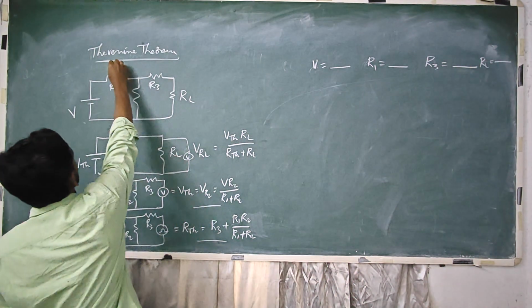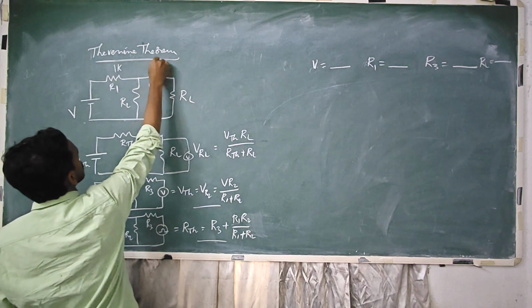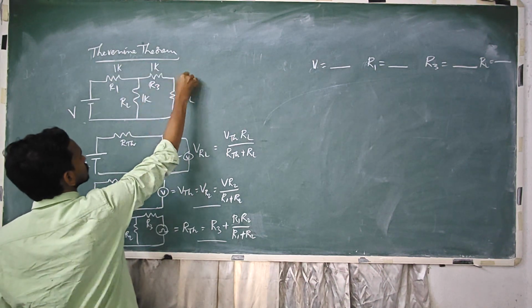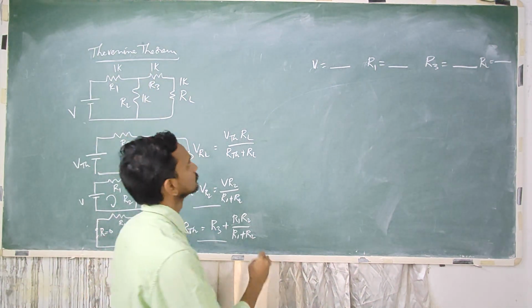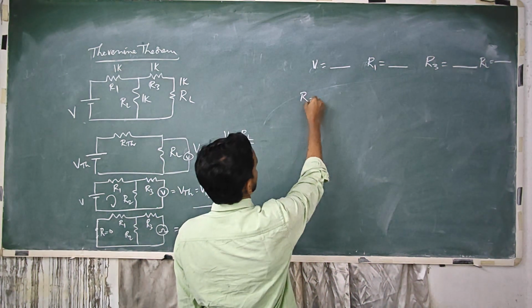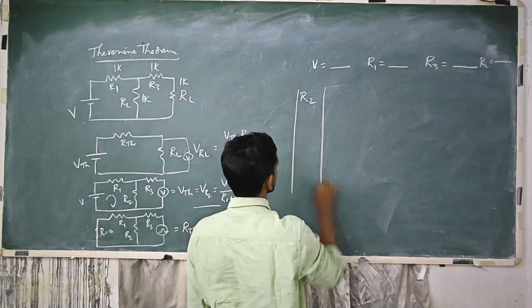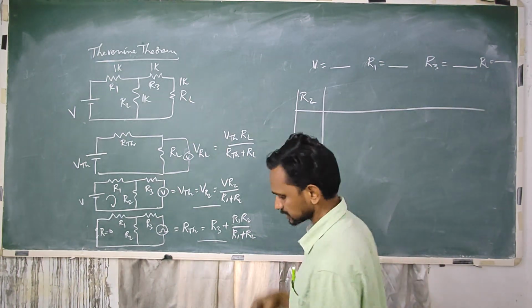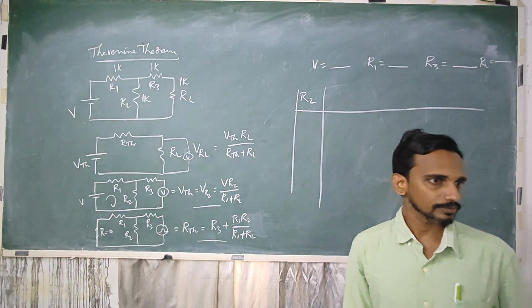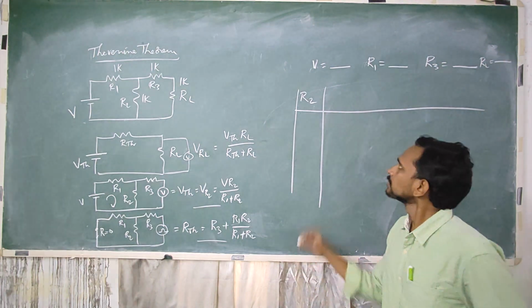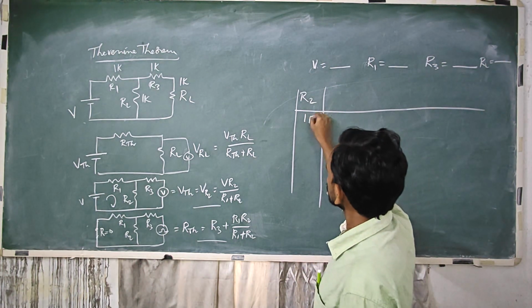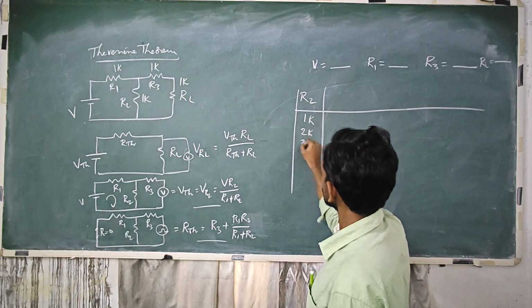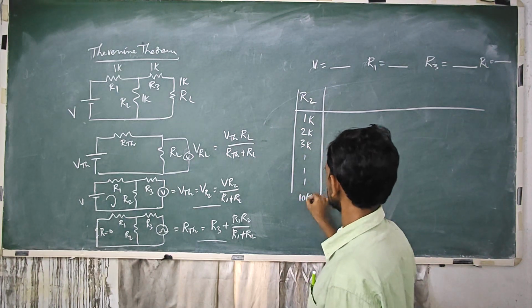Let's say take everything as 1 kilo ohm. And the variable is R2. So use Excel to prepare this table first. R2 value starts from 1 kilo, 2 kilo, 3 kilo up to 10 kilo.